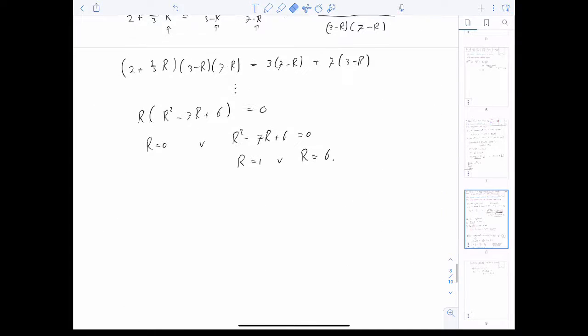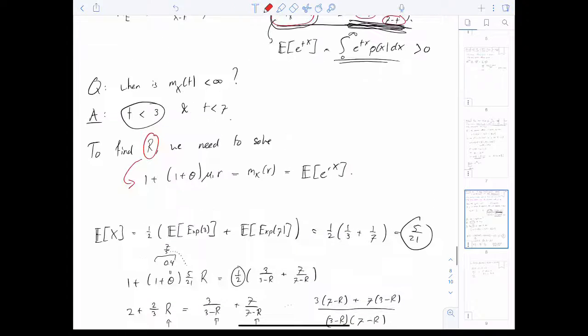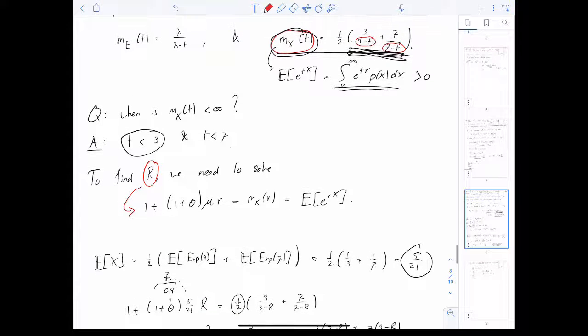Now the other one, r is 1, is a possibility. So let's say 0 is the trivial solution. It does not really count. Now which one is it, r is 1 or r is 6? But recall that in part A we answered the question of when this moment generating function is even finite, and we realized that it had to be below 3.